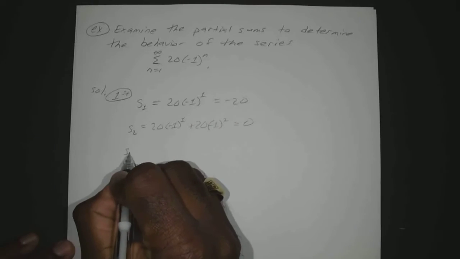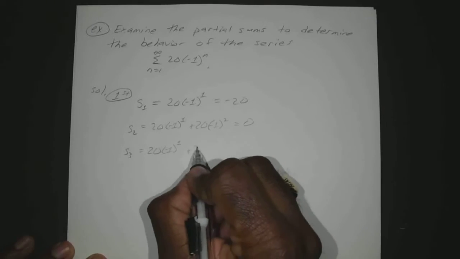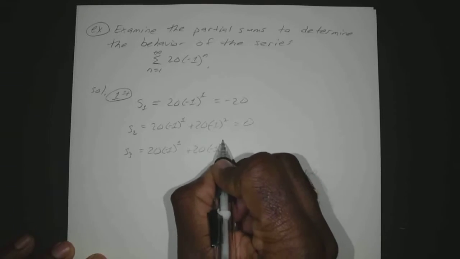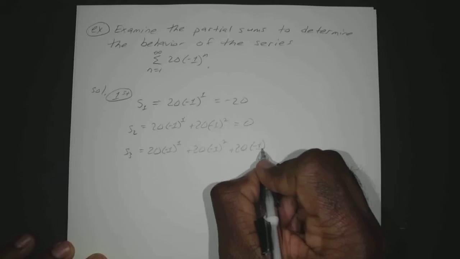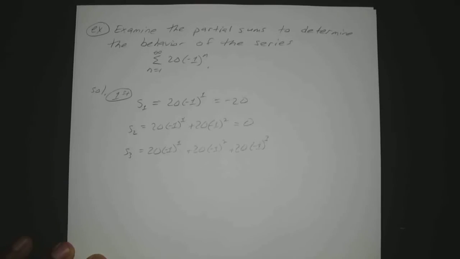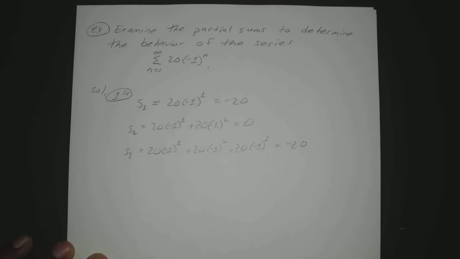Your third partial sum is 20 times negative 1 to the first power plus 20 times negative 1 squared plus 20 times negative 1 to the third power. So if you have a positive 20, negative 20, you're left with a negative 20.